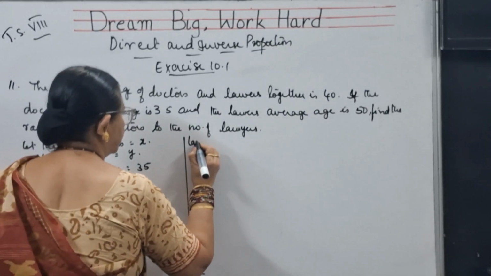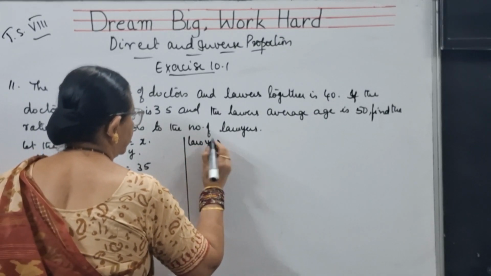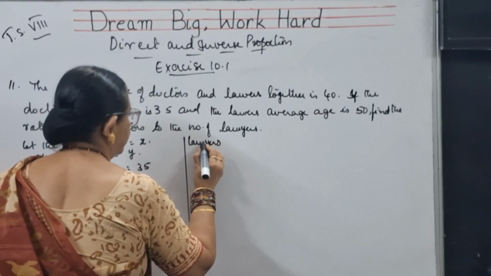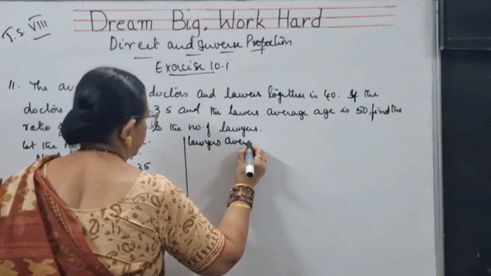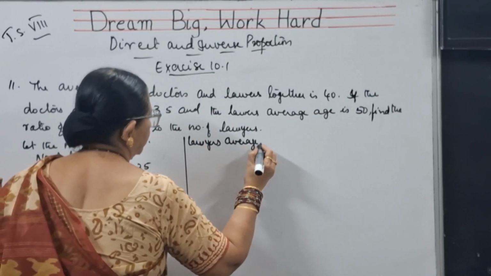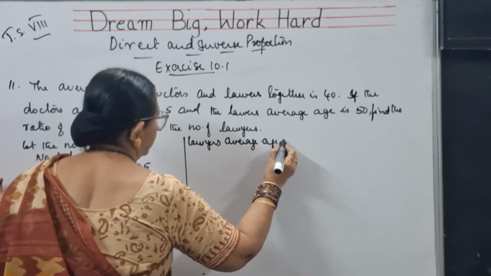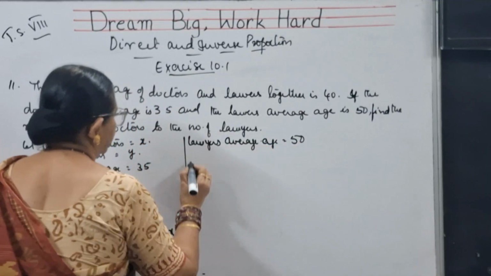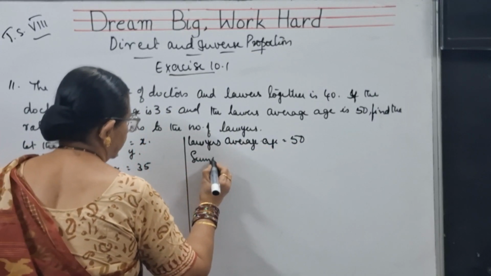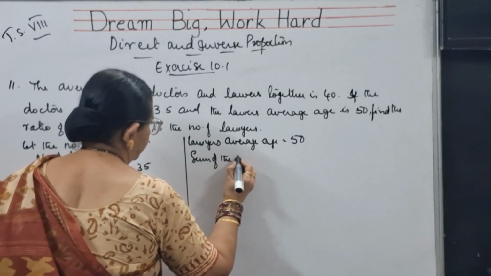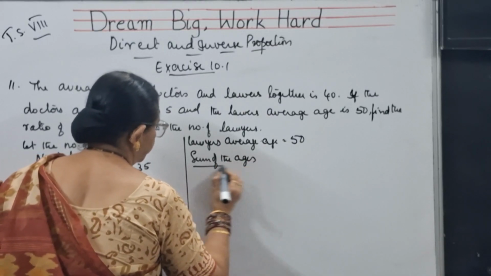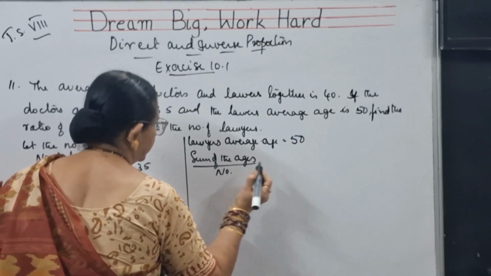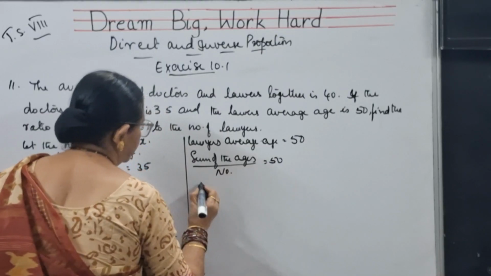Lawyers' average age is 50. That means sum of the ages by number is equal to 50.